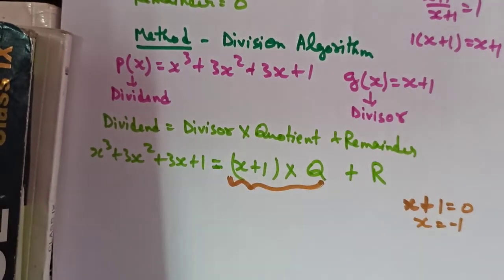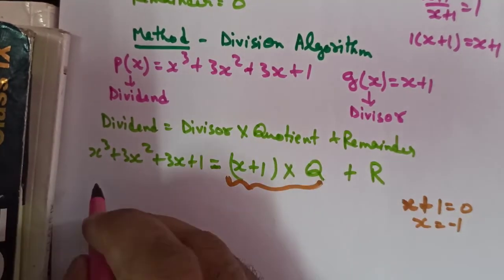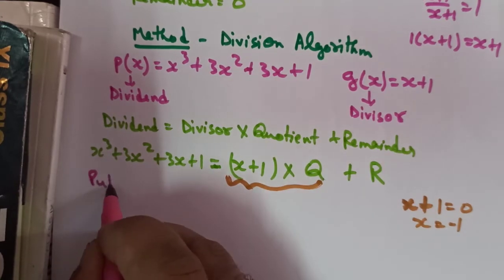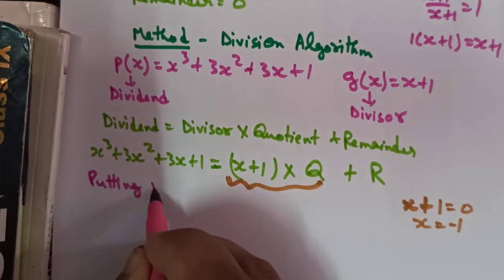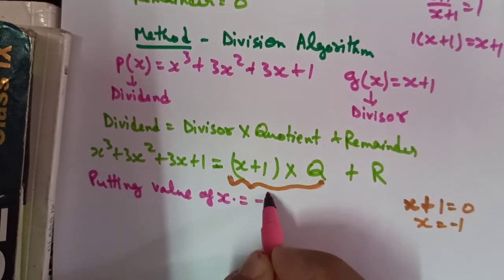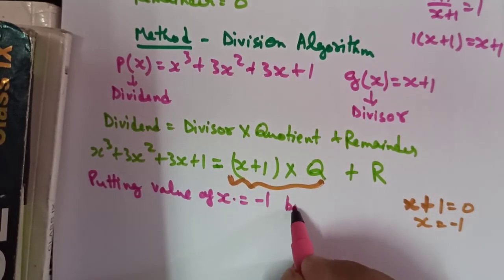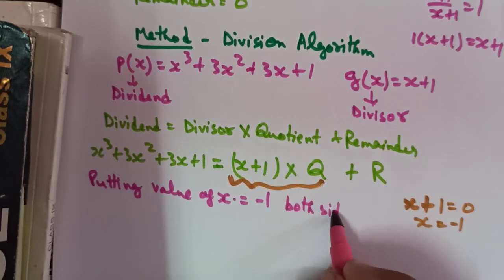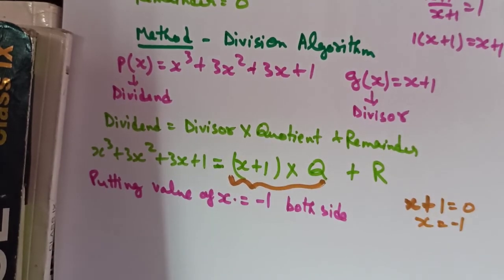So that is what we are going to do. We will be substituting the value of x equals minus 1 on both sides. So on substituting, what will we be getting?